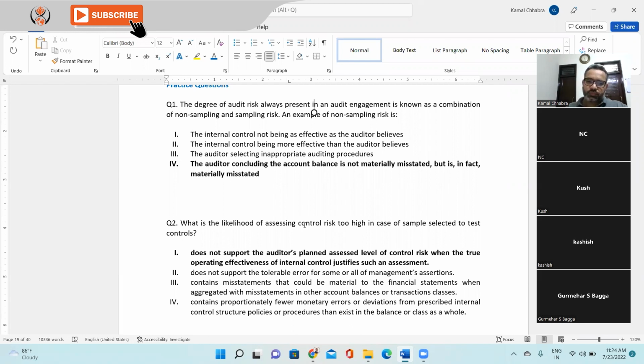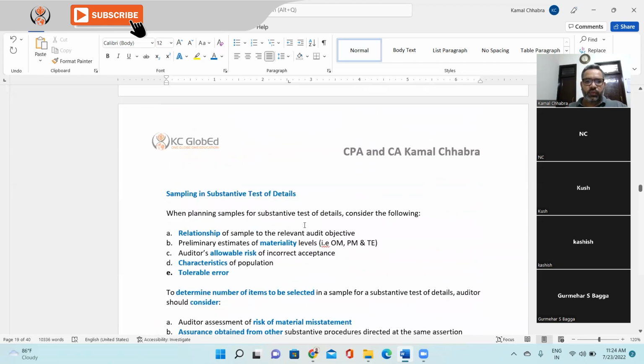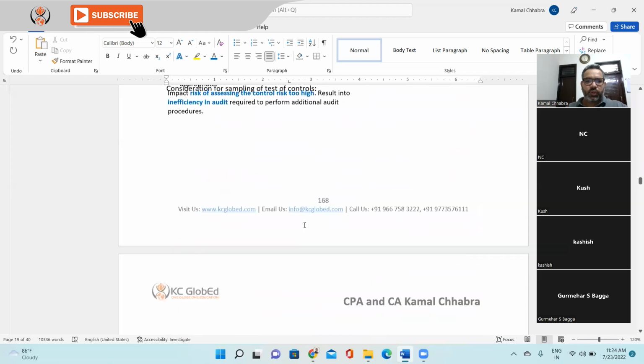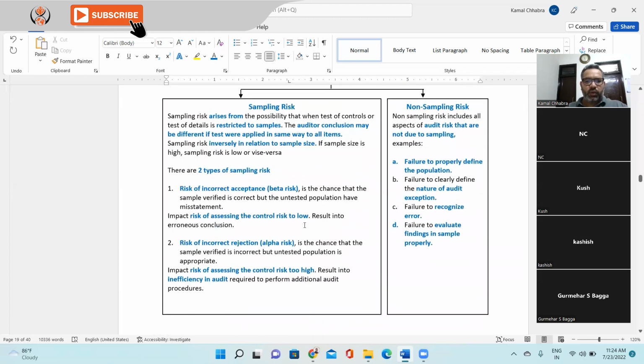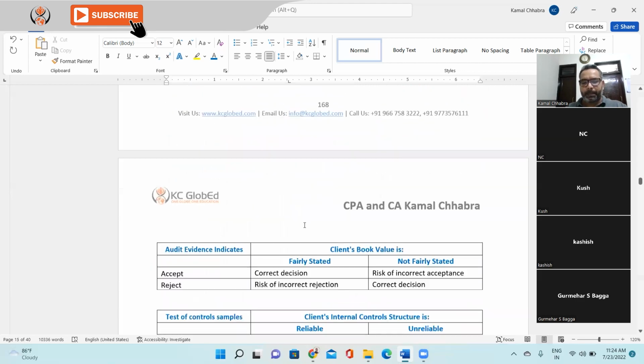In the second option, the auditor believes the sample is not correct, so we state that the entire population is not correct, which is not the case. Nimisha, if you see this first one, risk of incorrect acceptance, sounds good? Yeah, it's okay. Understood. Thank you.